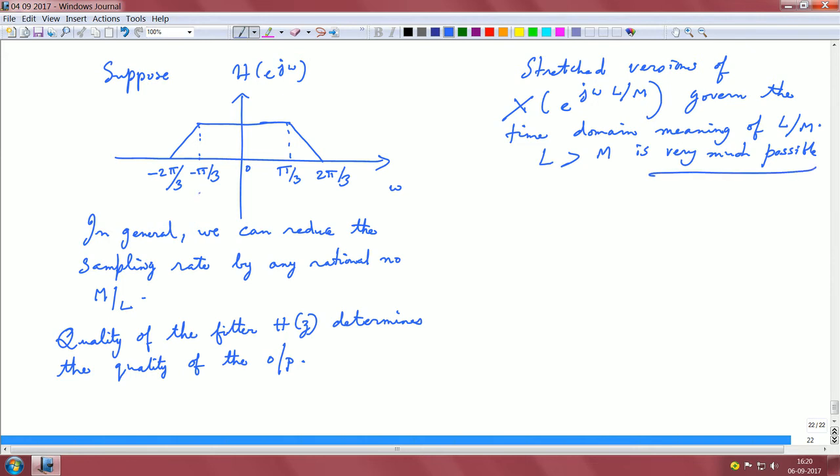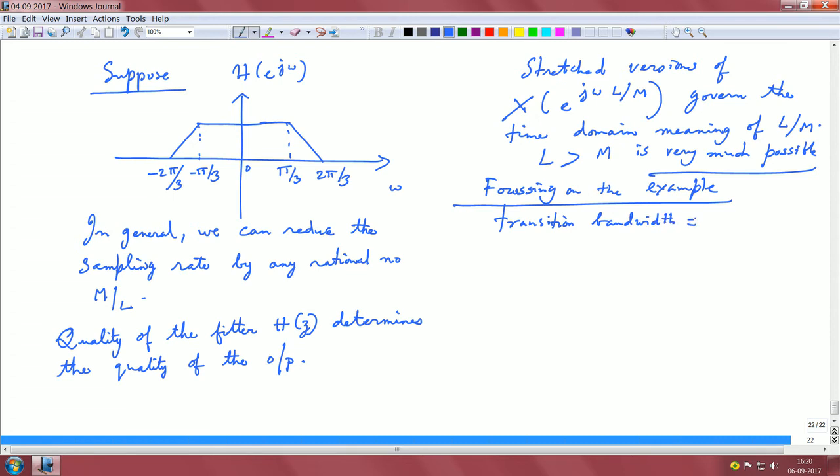Now, let us look at this case here, and we focus on this example. The transition bandwidth is basically 2 pi by 3 minus pi by 3. If you look at the positive side of frequencies, basically this is the same mirror here, right.